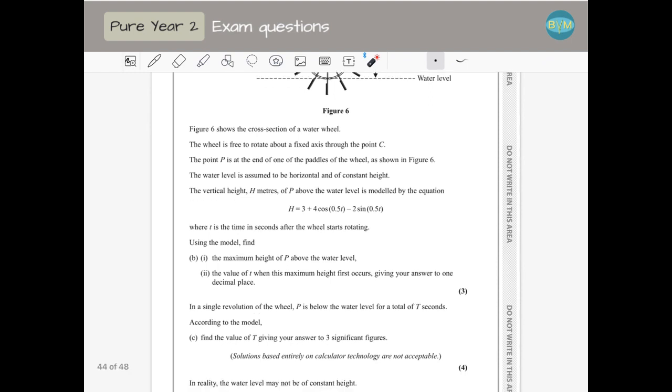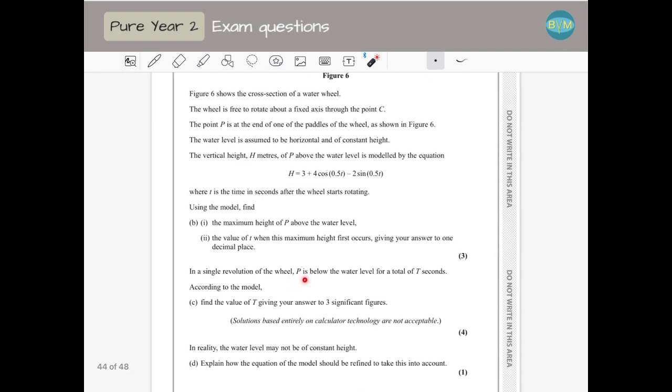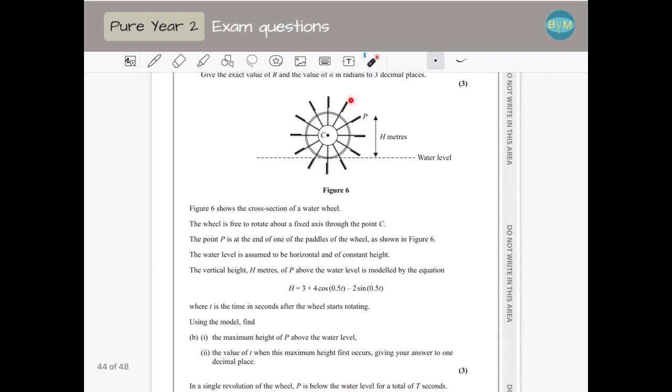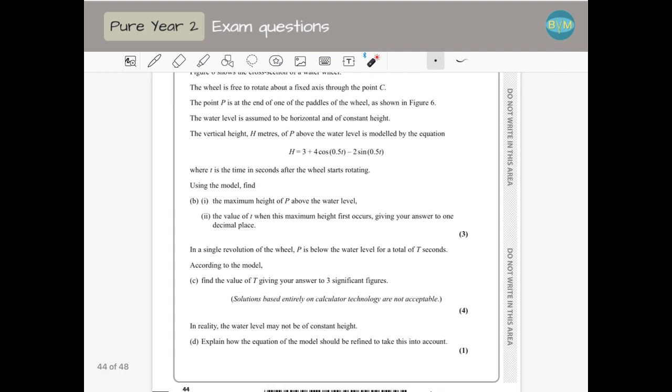Then, in a single revolution of the wheel, P is below the water level for a total of T seconds. So P is moving, reaches the 0, the water level, and then is below that for some time. They ask to find the value of T, the time that is underwater, giving your answer to 3 significant figures.